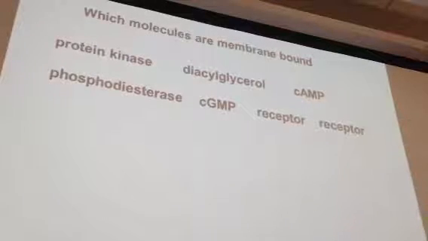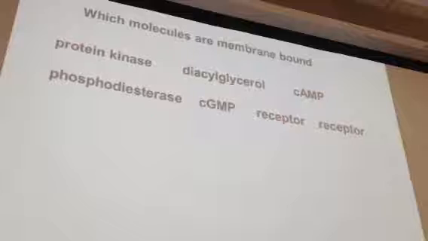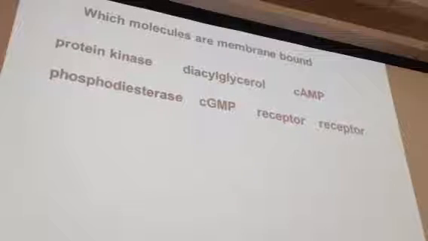But if you have the whole stack of different words, what other molecules have we talked about that are membrane bound? Adenylate cyclase, and its twin, guanylate cyclase. What other enzyme do I not have up there? Phospholipase C.